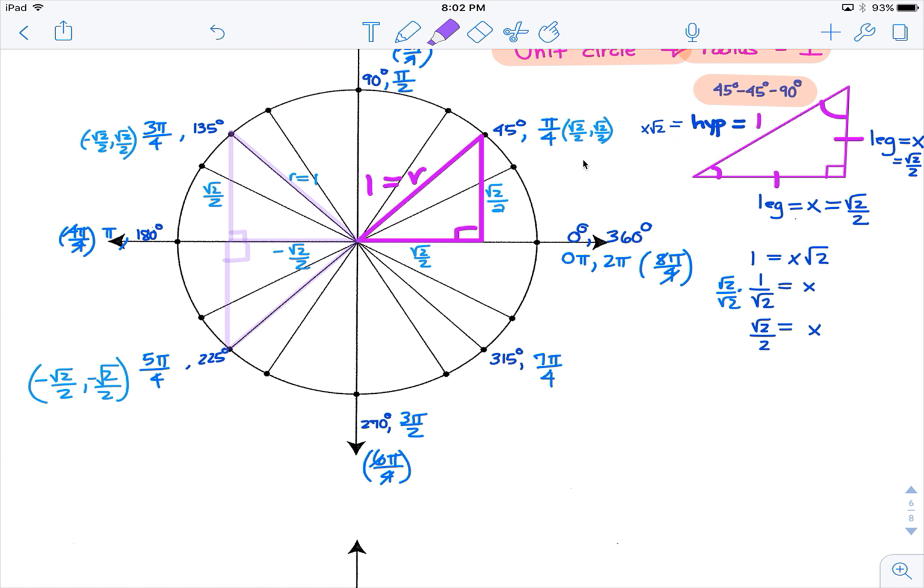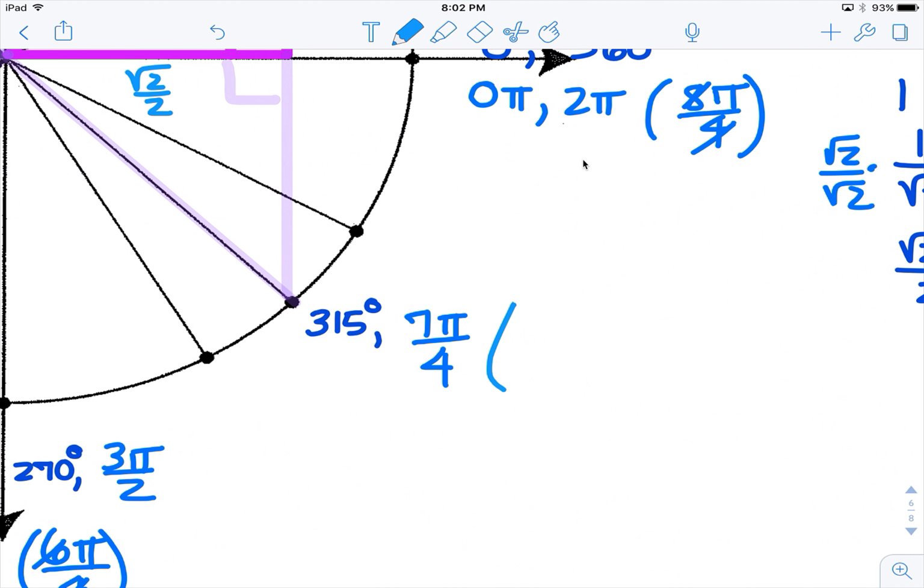And then the last one that we would reflect it into would be into quadrant 4. There's our right angle. And the x and y coordinates on this one would be positive for x and negative for y.